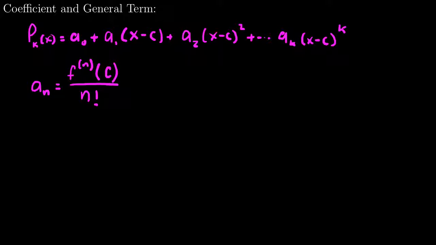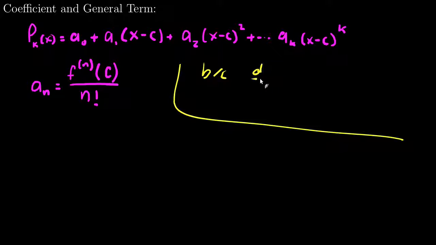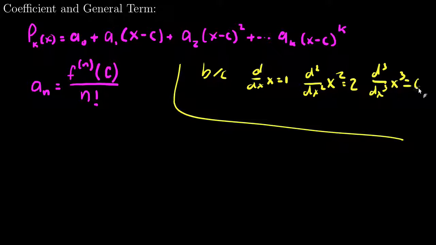Just for those that didn't watch the Maclaurin series video, the derivative with respect to x of x is 1, the second derivative of x squared is 2, the third derivative of x cubed is 6, and in general, the nth derivative of x to the n is n factorial.